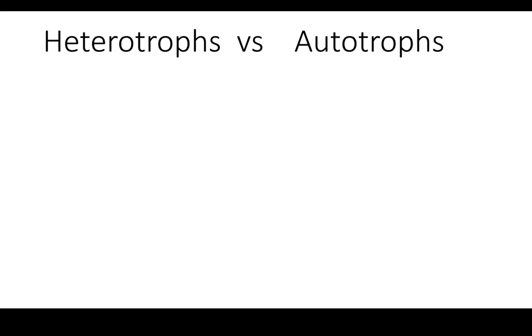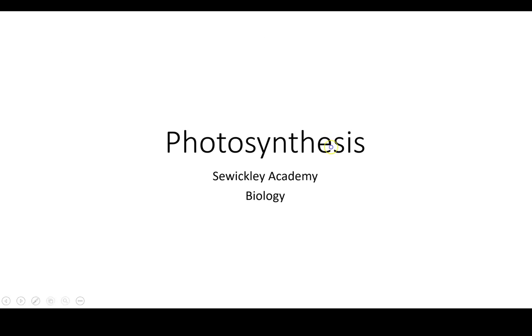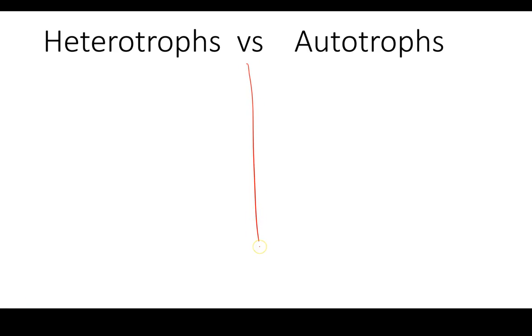Okay, so the first step here is to understand the differences between autotrophs and heterotrophs. So photosynthetic organisms are autotrophs. What's the definition of an autotroph, George? Let's break it down. What does auto mean? Self. Do you remember what troph meant?